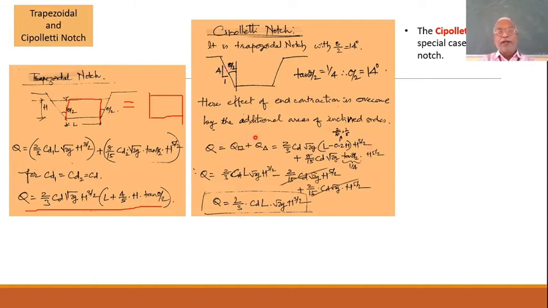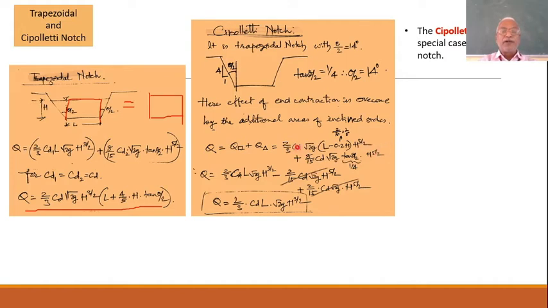Okay, now when you write, just see here, let us treat it as rectangle and triangle. 2 by 3 CD root 2Z, and because of the end contraction, it is L minus 0.2 times H, 0.2 is 2 by 10 or 1 by 5, H raised to 3 by 2, plus this triangle is 8 by 15 CD root 2Z tan theta by 2, H raised to 5 by 2.